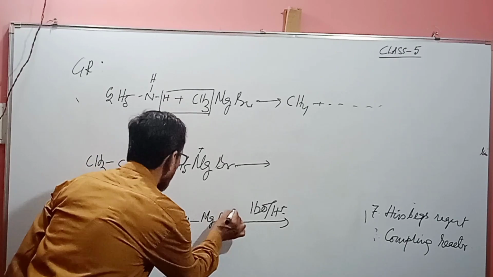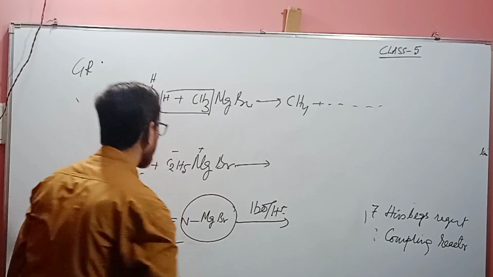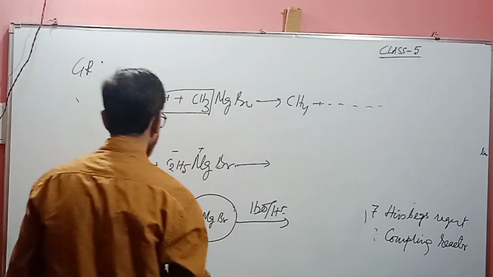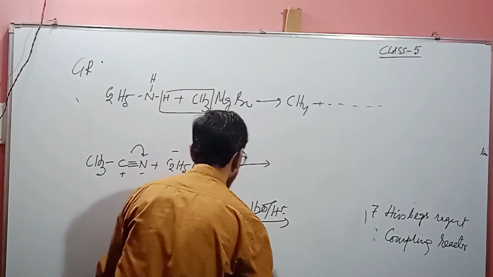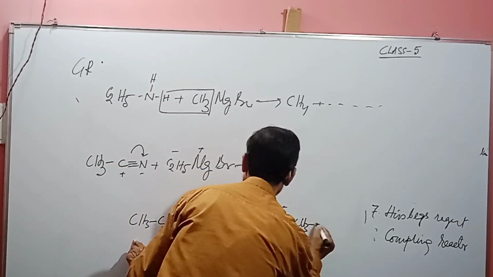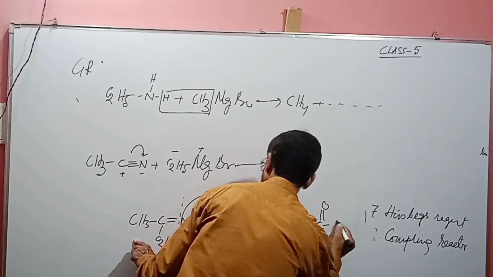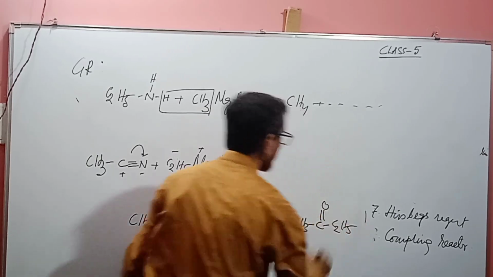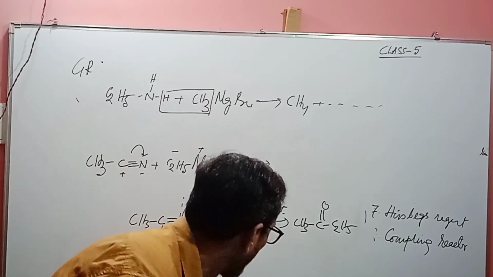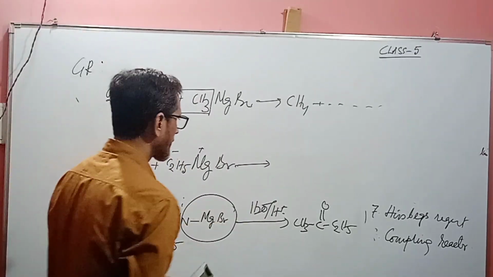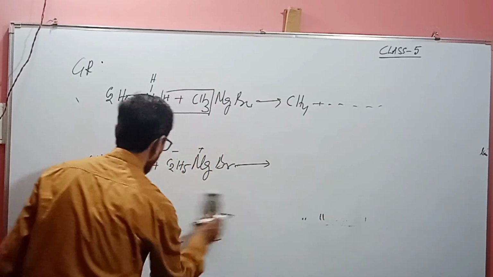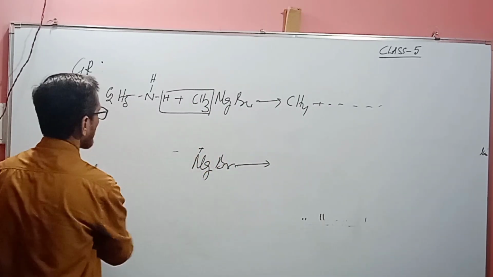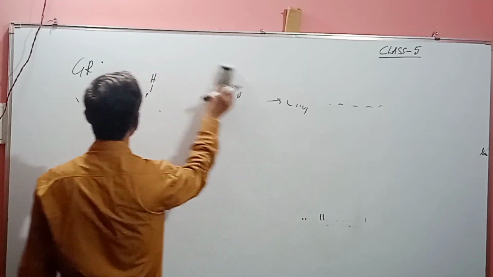So the whole part gets removed as ammonia. We just add O: CH3, C double bond O, C2H5. So this is about the type of the reaction shown by amine.